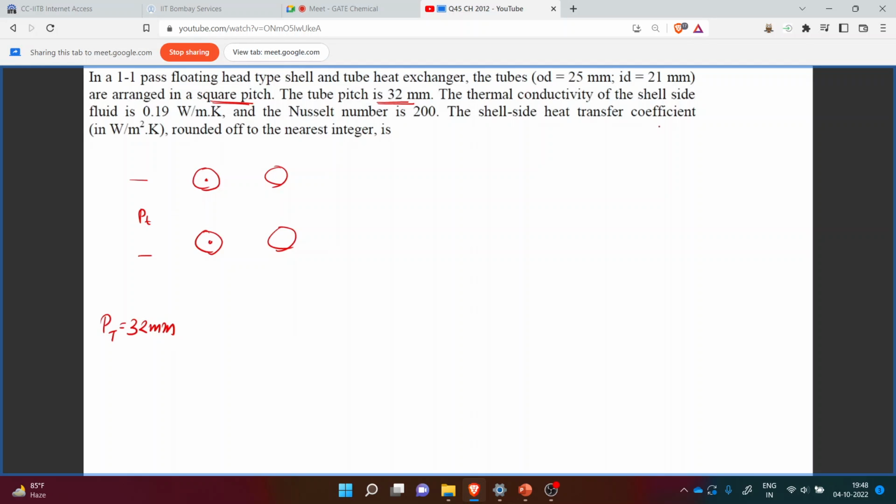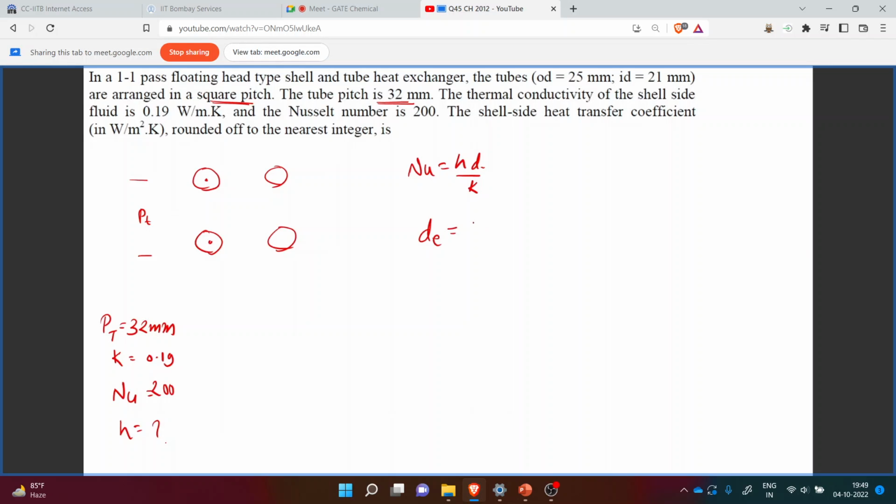Now, we have been given the thermal conductivity of the shell side fluid, that is K is equal to 0.19. Nusselt number we have been given as 200. And we have to find the shell side heat transfer coefficient. Now, Nusselt number we define as H D upon K, where D we call the equivalent diameter.